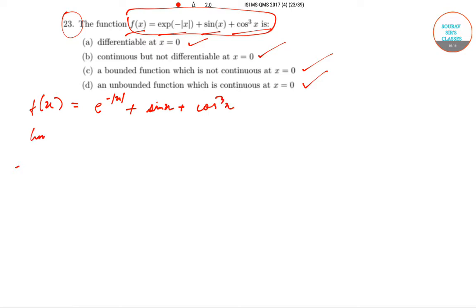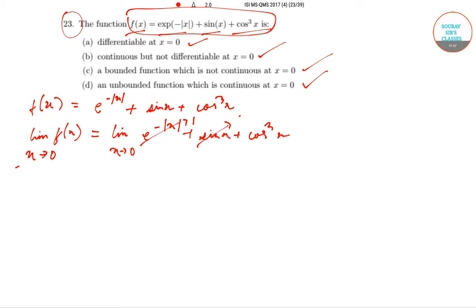If we take the limit of f(x) as x tends to 0, then the first term, e to the power minus of mod of 0, will be e to the power minus 0, which is equal to 1. Sine of 0 is equal to 0, and cos cube 0 will be 1 cube, that is 1. So it will ultimately come down to 1 plus 0 plus 1, that will be equal to 2.